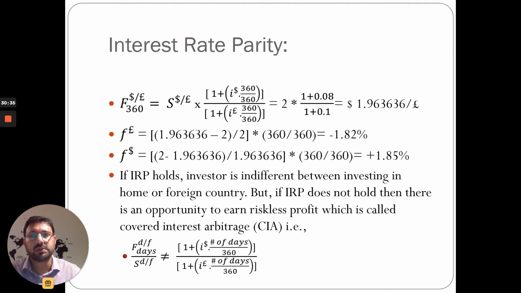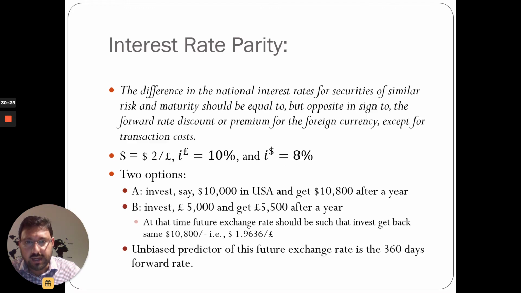And if you calculate the forward, we can see that the interest rate in the UK is higher, so it means that its currency should depreciate by 2%, and the US dollar, approximately, not exactly, the interest rate in the US dollar is 2% less than the UK, then its currency over the next year should appreciate by 2%.